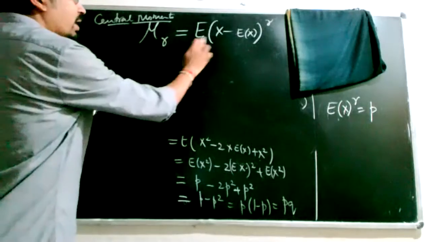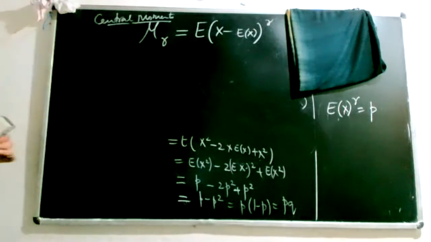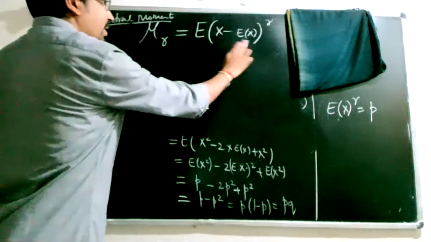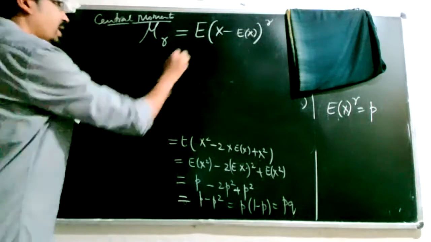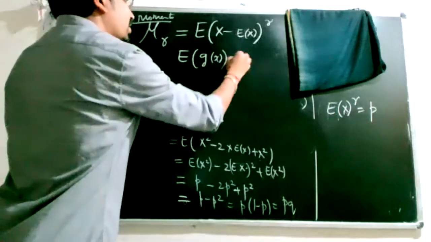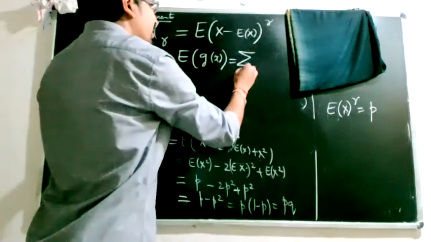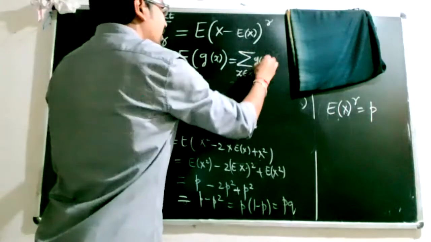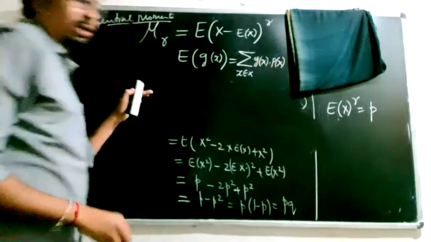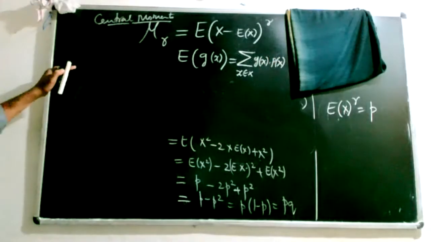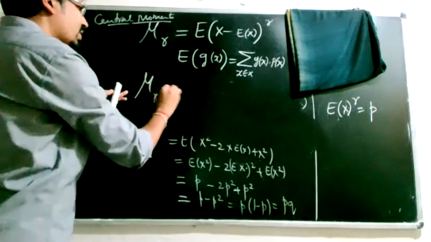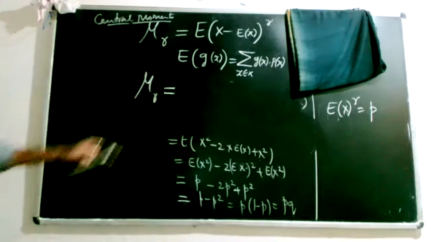Any mu r is given by e of x minus e of x whole to the power of r, and we know the definition of expectation. Expectation of any function is the summation of the product g of x with p of x over all possible values of x. By using these two definitions, I can derive a more general formula for mu r itself.